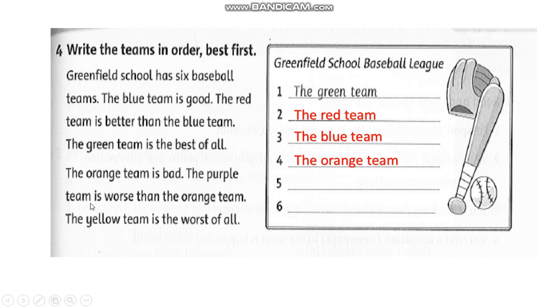The purple team is worse than the orange team, so fifth is the purple team. And the worst team is the yellow team. The yellow team is the worst of all. So, look at the answer. Are you clear?